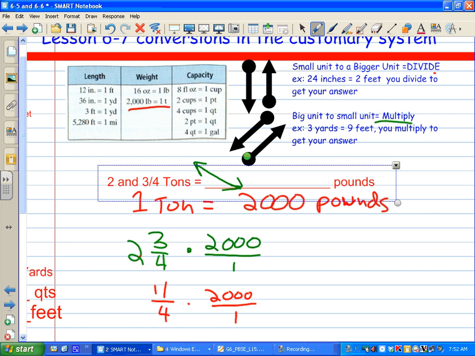4 goes into 2,000. Now, I know that 5 would go into 20. So I know that 4 and 5 make 20. So I just add 2 zeros. So the 2,000 changes to 500. The 4 changes to 1. Now, 11 times 500.